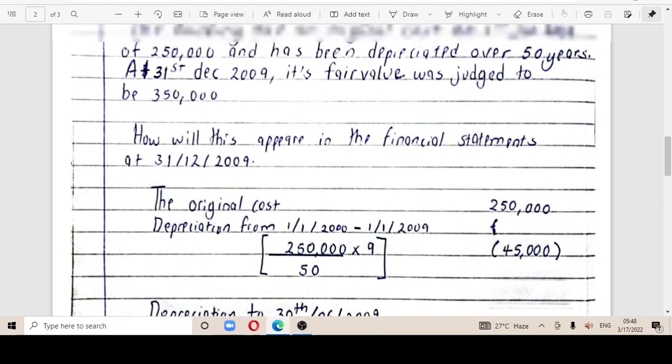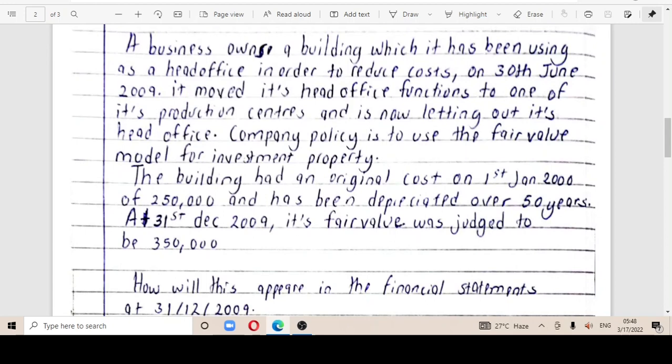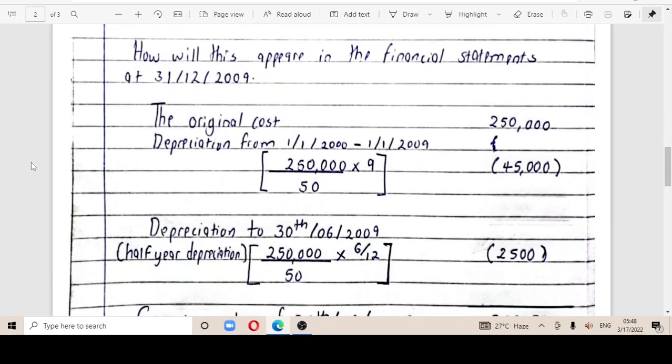Remember, going back to the question, they said the transfer occurred on 30th June 2009. So you're going to calculate the depreciation for half of that year, which is depreciation to 30th of June 2009.